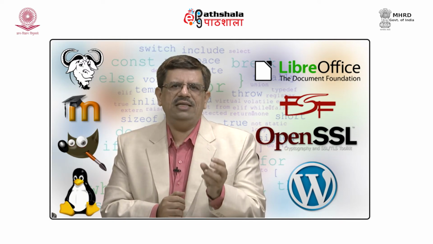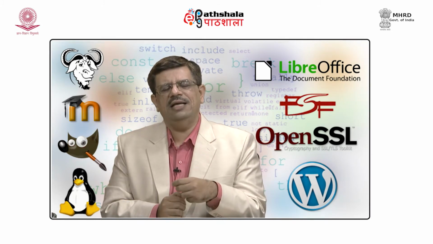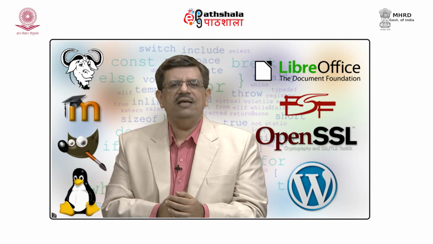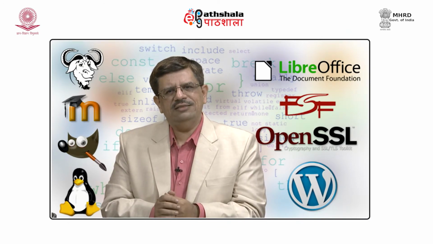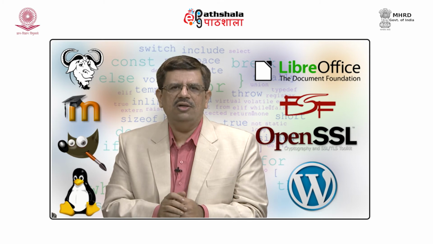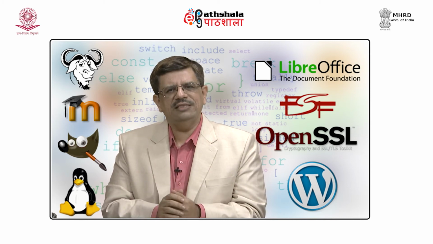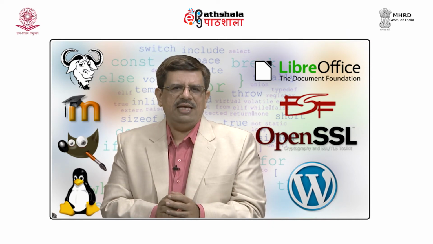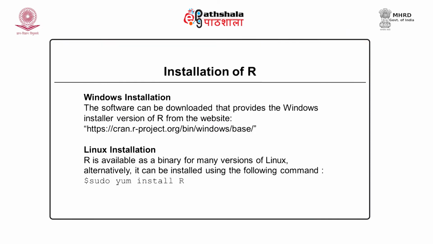Now, if I want to install on Linux, again there are various ways. There are ready-made compiled binaries which can be downloaded and installed for the particular distribution, or if I am using a Red Hat based version, I can say yum install R, or if I am using Ubuntu, I can say sudo apt-get install R. As you can see on the screen, the command can be sudo yum install R for Red Hat based Linux, or sudo apt-get install R if it is an Ubuntu based system.